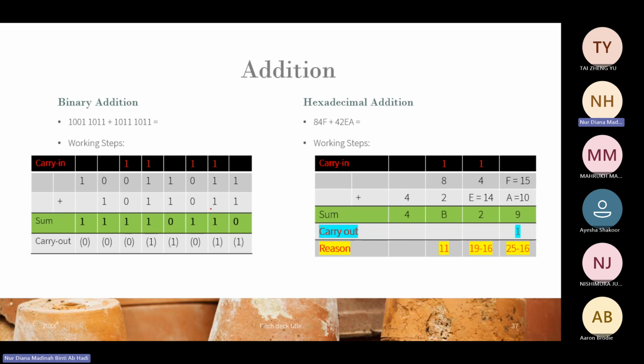And then you're going to add the carry in 1. That's why your value is 19 here. So 19 exceeds 16, so you will get 19 minus 16, equivalent to 3, right? Correct or not?